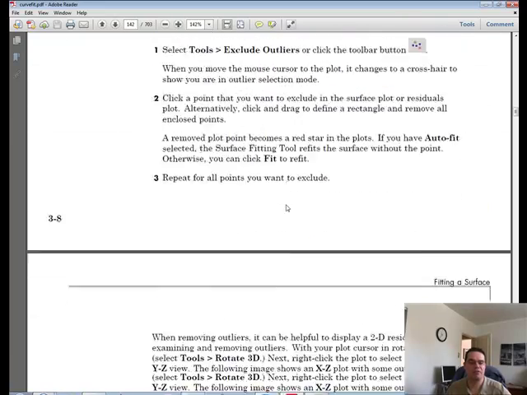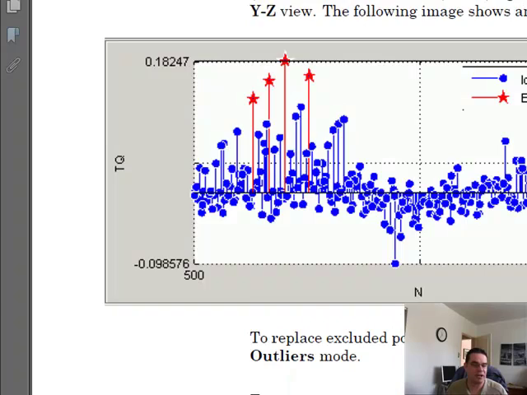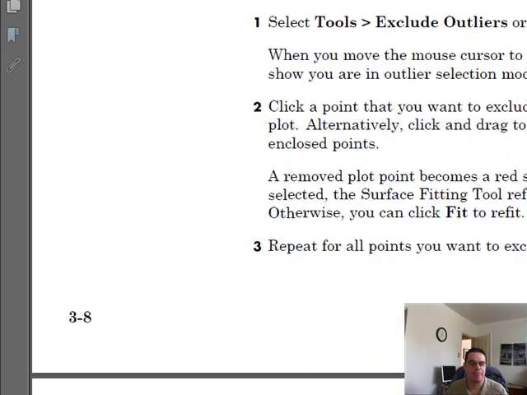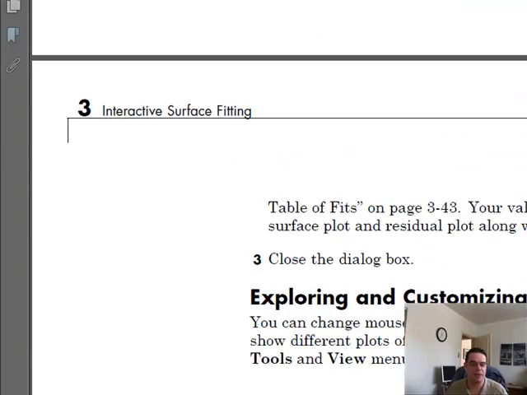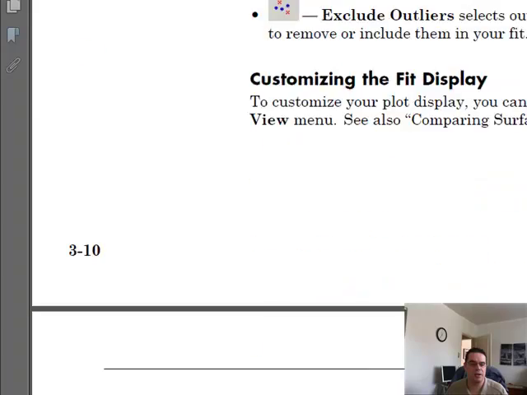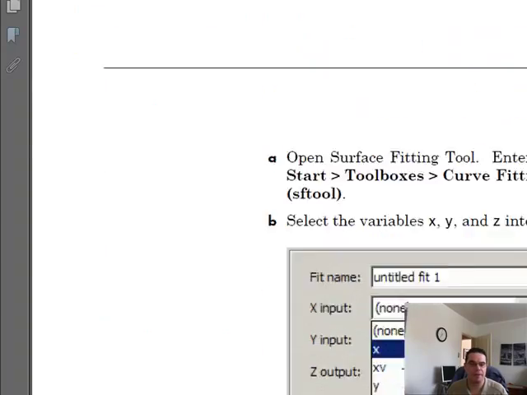Now, removing outliers. I've said before, I've seen tools where they try to remove outliers, software that does it. Very expensive software. I mean, we're looking at software in the thousands that does this. This is part of what Matlab does. Now, you can see, just guiding you through detail by detail.